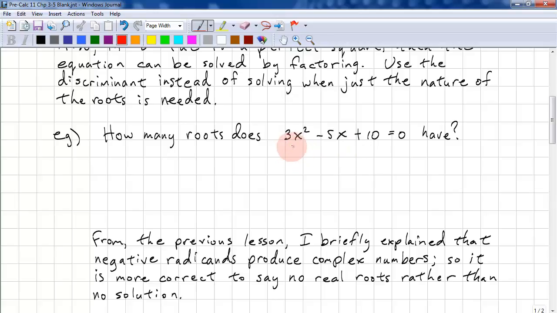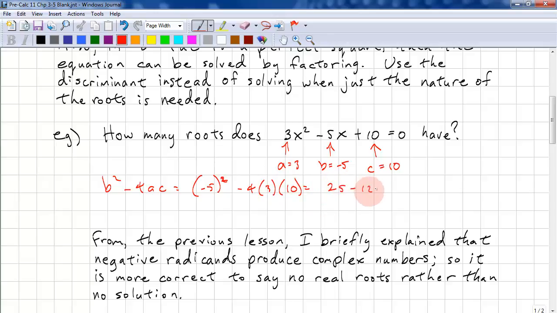How many roots does this quadratic have? Well, let's figure out our a equals 3, b equals -5, c equals 10. So b squared minus 4ac equals (-5) squared minus 4 times 3 times 10. 25 minus 120. This is less than 0.